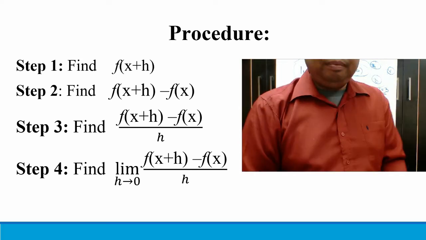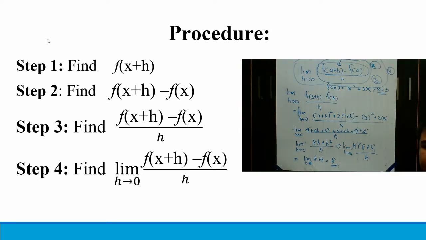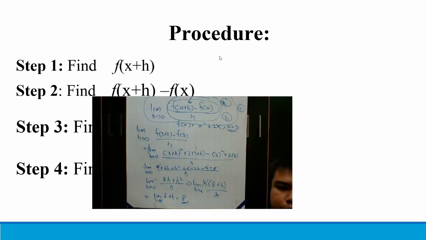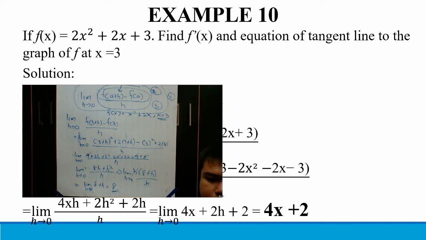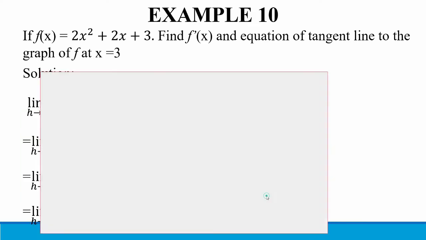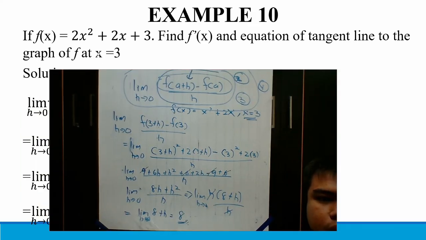For example, if you have f(x) equal to 2x squared plus 2x plus 3, find f prime and the equation for the tangent line to the graph at x equal to 3.